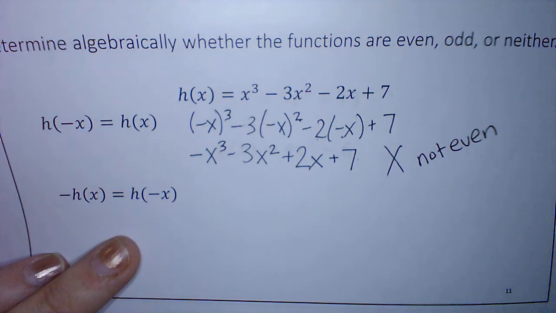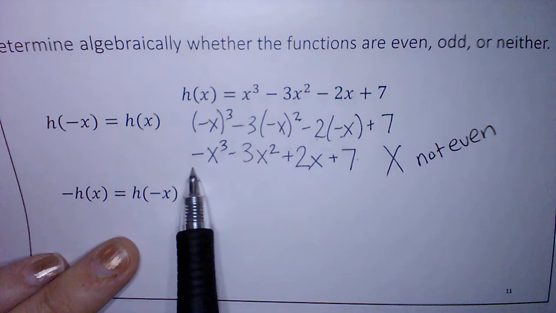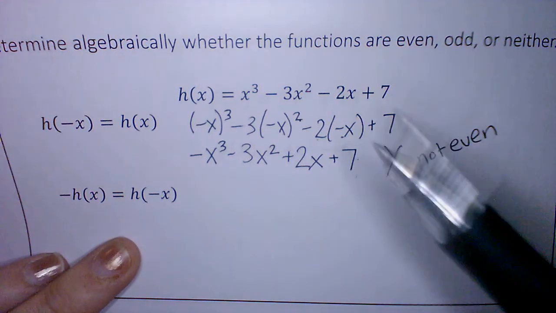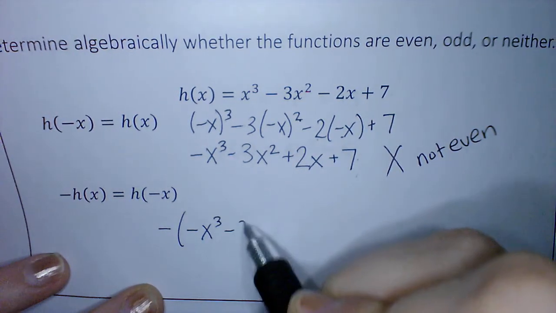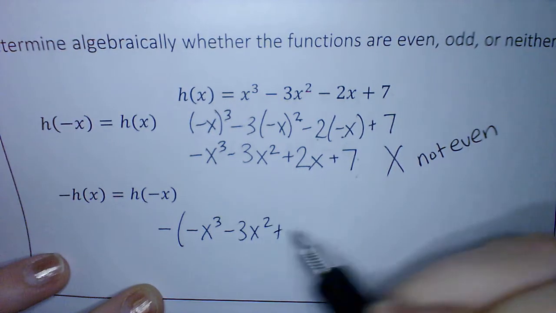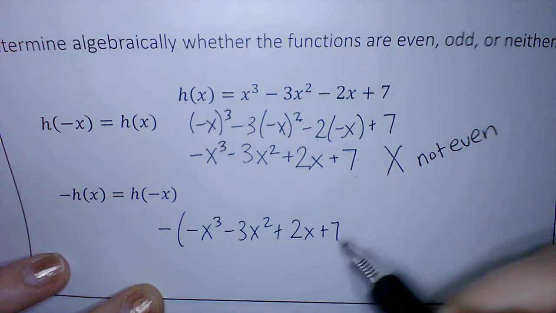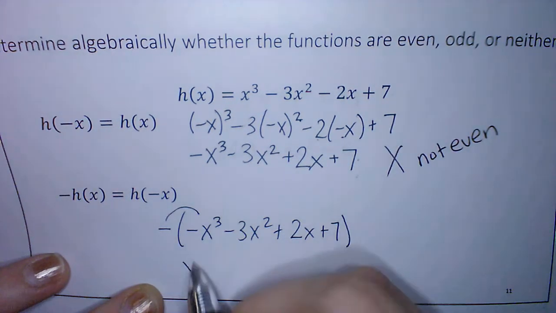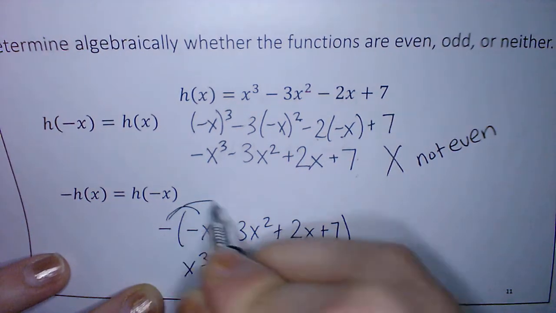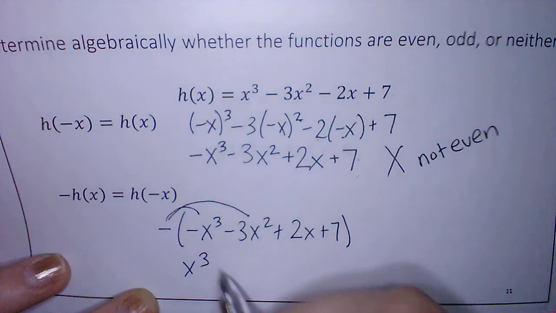The way that we do that, remember, is that we throw a negative in front of the answer we got here. So negative, and we're going to distribute that negative. That will make that a positive. We'll make that one a positive.